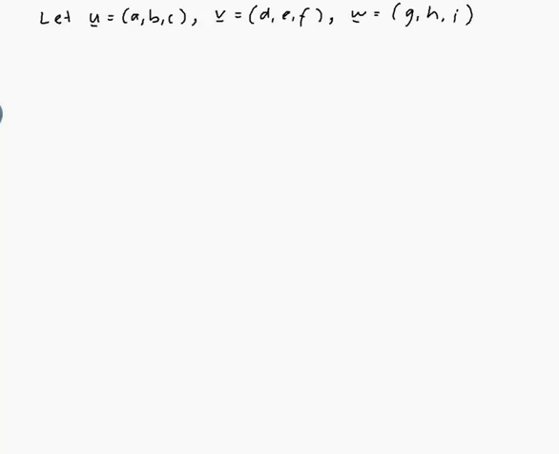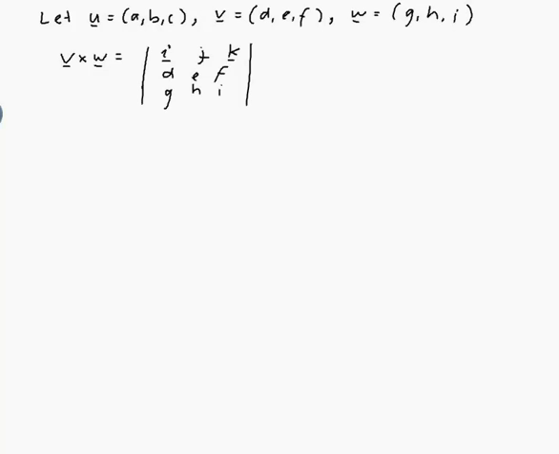Okay, then v cross w is i, j, k, d, e, f, g, h, i.